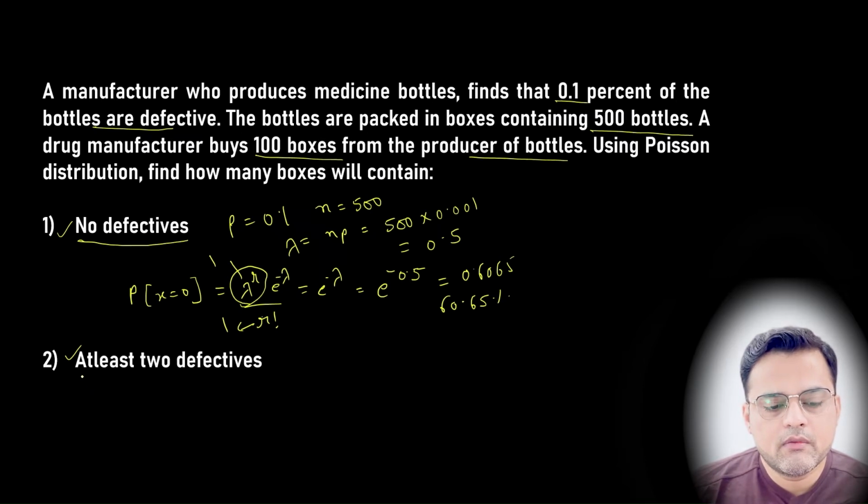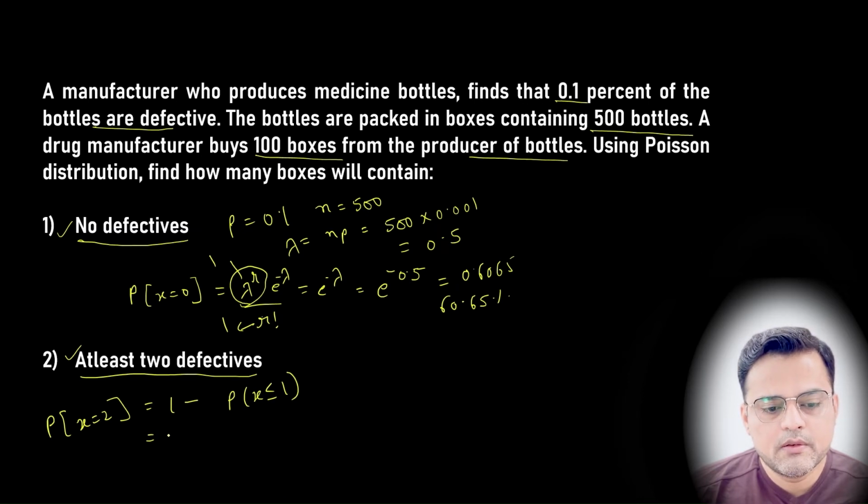And then what is the probability of at least 2 defectives? So this will be, if you have to find probability of x greater than or equal to 2, then you can do 1 minus probability of x less than or equal to 1, and this could be 1 minus probability of x equal to 0 plus probability of x equal to 1, like this. And then finally put the values.